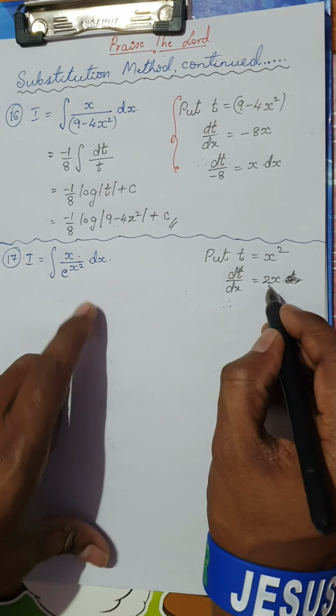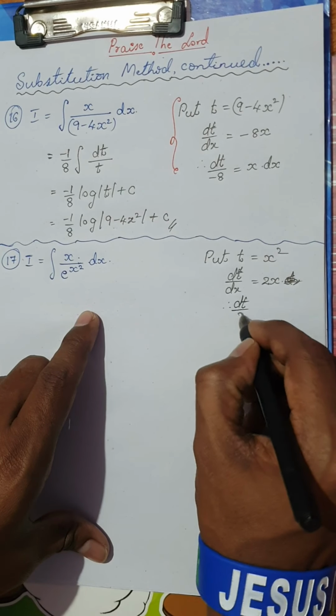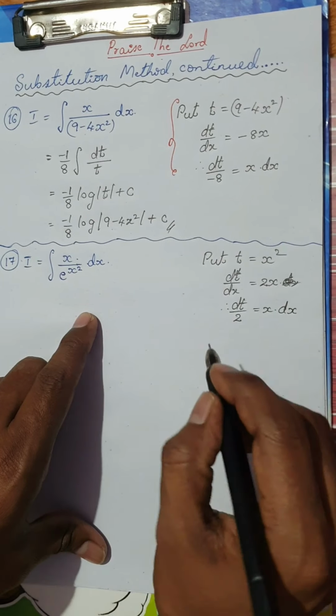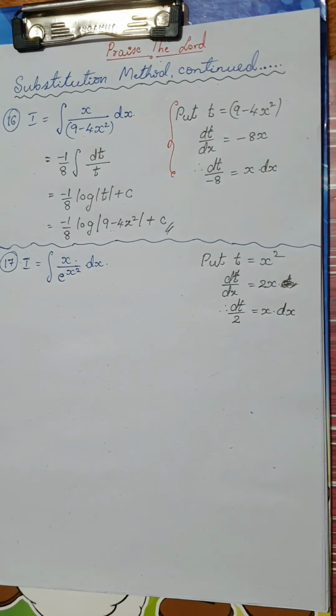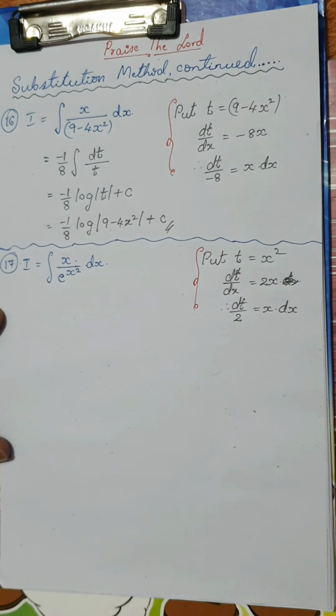Therefore I just want x dx. So dividing by 2, I'll get dt by 2 would be x into dx. Is it clear? It's very simple basic substitution here. Let me keep it aside and see what happens.